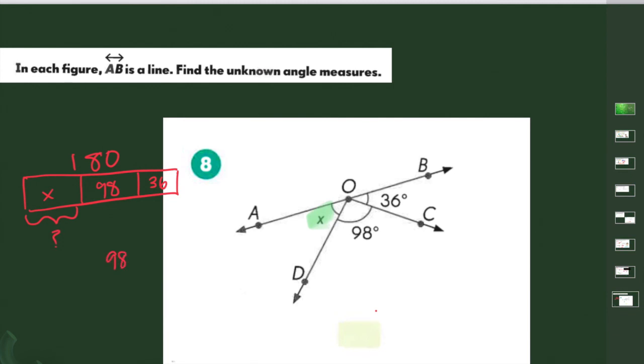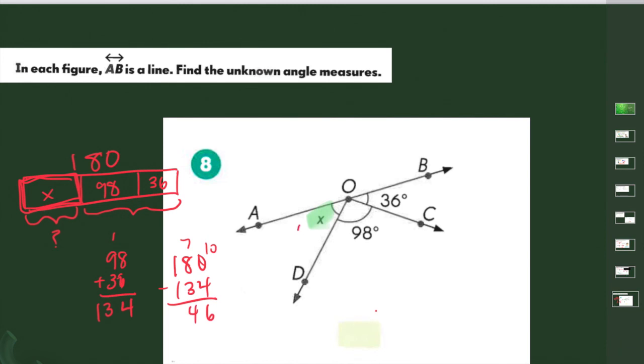So in my mind, adding 98 and 36 together to get this total angle gives us 134. So 180 minus 134 should give us this missing angle part. So if we subtract, we get 46. So angle X would have a measure of 46.